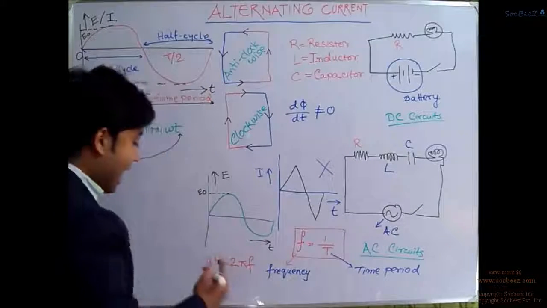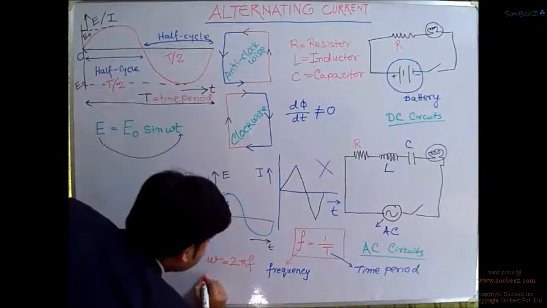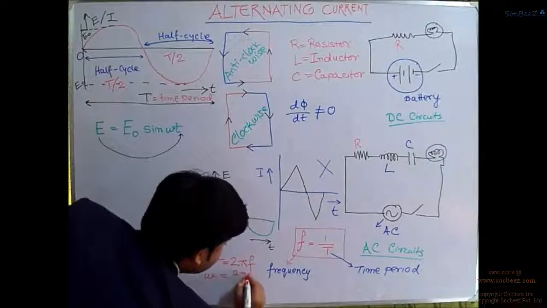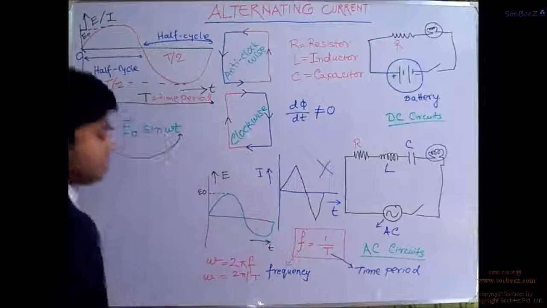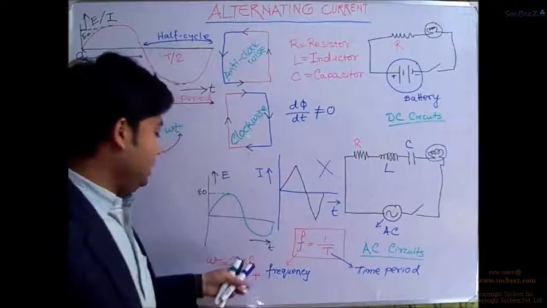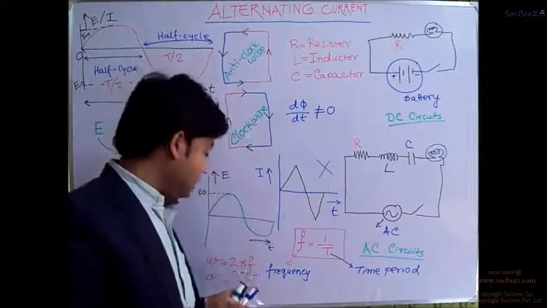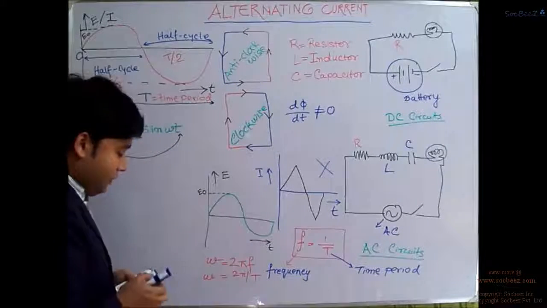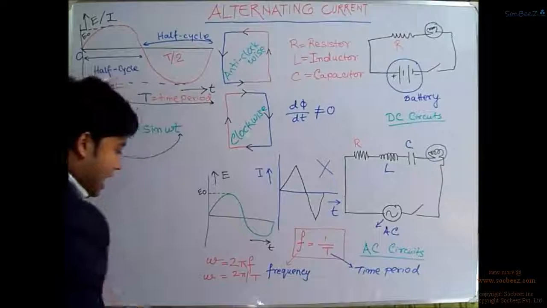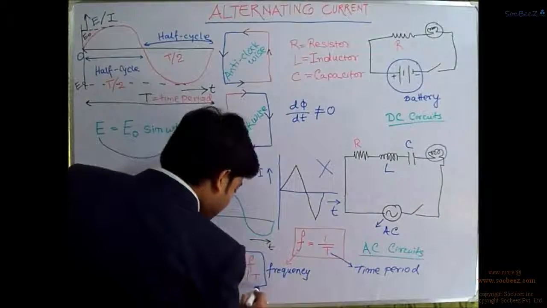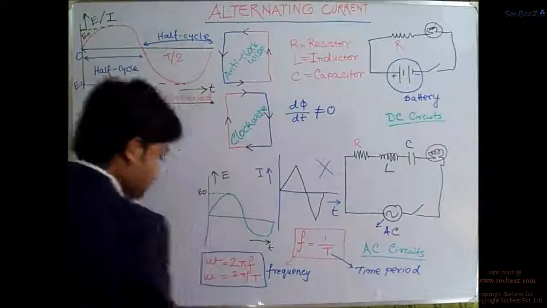Or it could be written that omega is equal to 2 pi divided by T, because we know that f equals 1 by T, so we can replace f with 1 by T. So omega is equal to either 2 pi f or 2 pi divided by T, the time period.